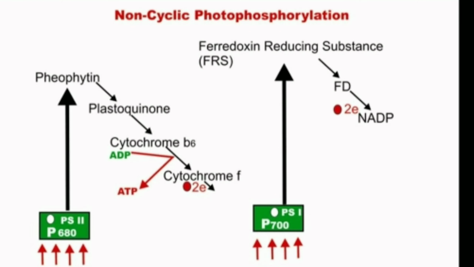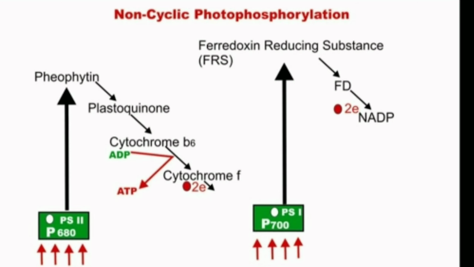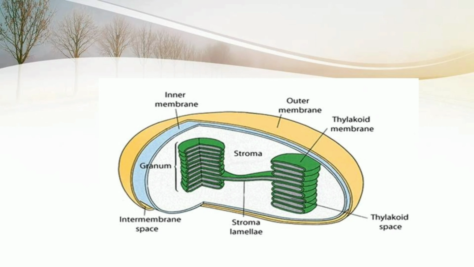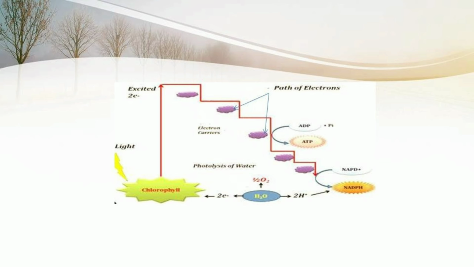It is therefore called an electron transporter as well as a proton acceptor. It accepts protons from the stroma and transports the pair of electrons obtained from photosystem 2 to photosystem 1.